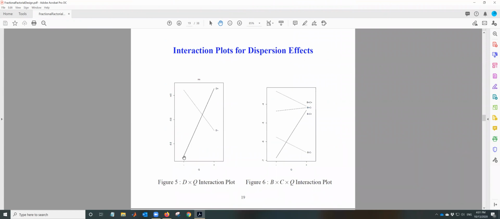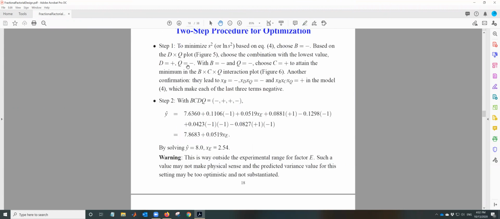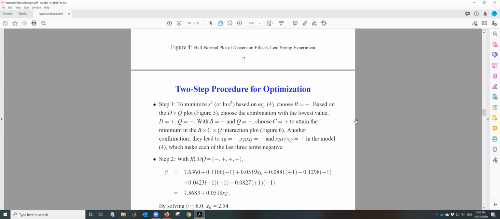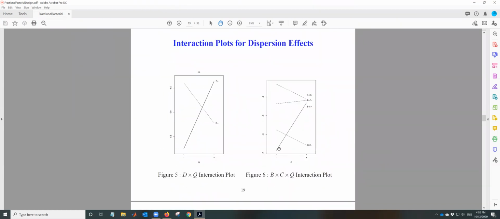You see this one is much smaller, right? So D plus Q minus. And then with B minus minus and C plus to attain the minimum at a BCQ plot. BCQ plot, figure 6. Oh, this one is minimal.